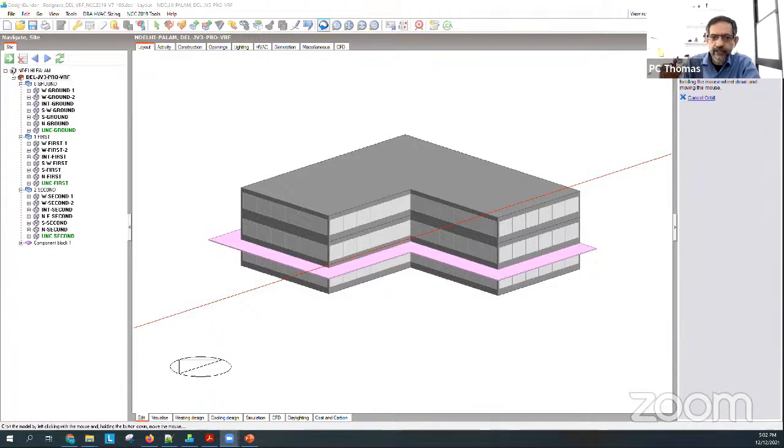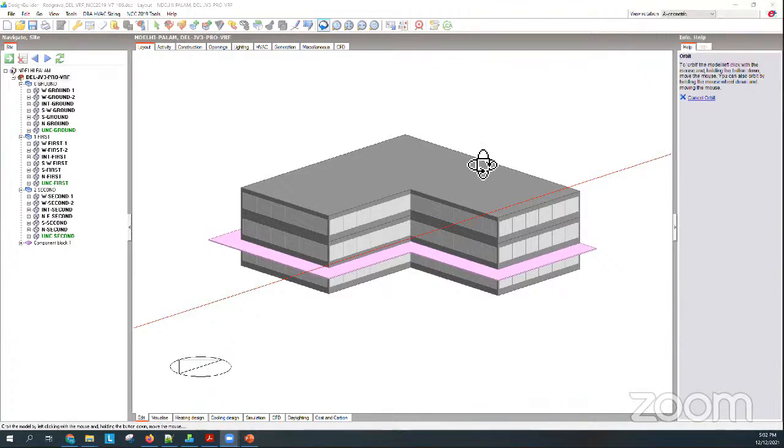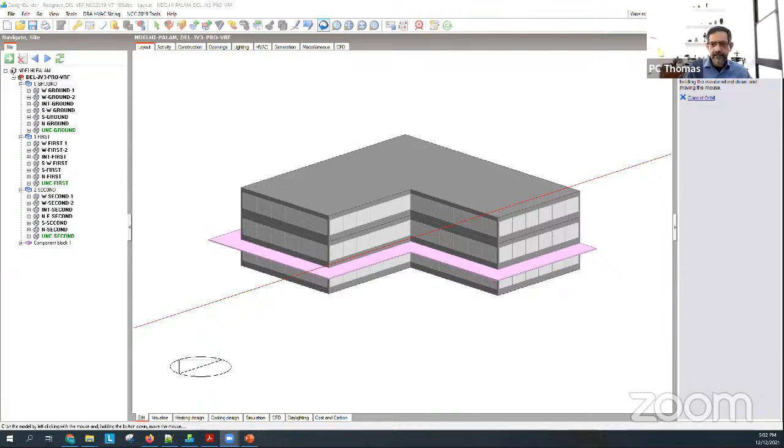So if you look at this particular model, I've actually set it up for Delhi, and I've used all the weather parameters for Delhi. So hopefully that will be useful for you guys.